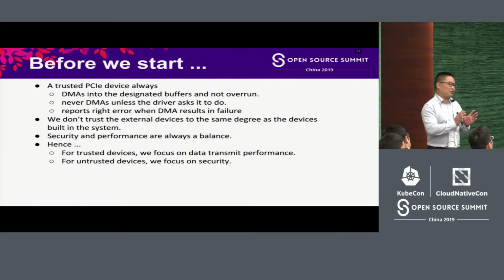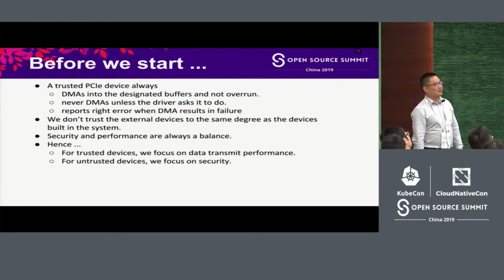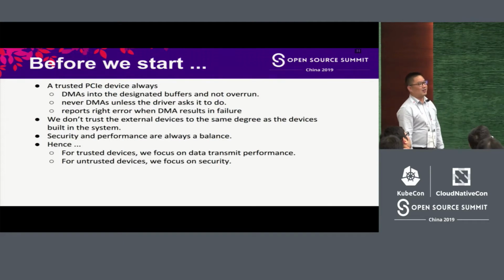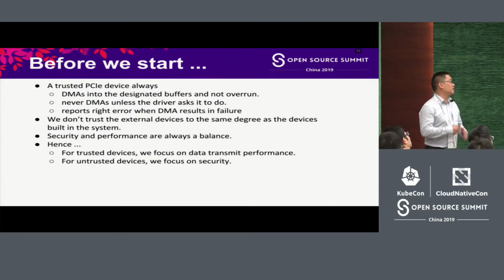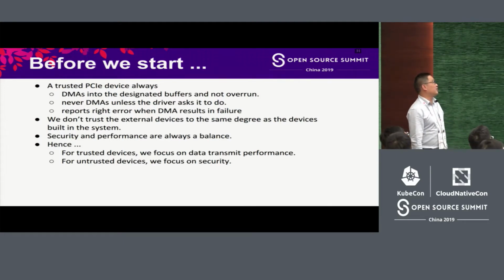And if the drivers are not allowing the device to do DMA, then they will not do it. And if DMA fails and generates an issue, they will report following the same routine to the driver. So these are trustworthy devices. This is what we call trusted devices.